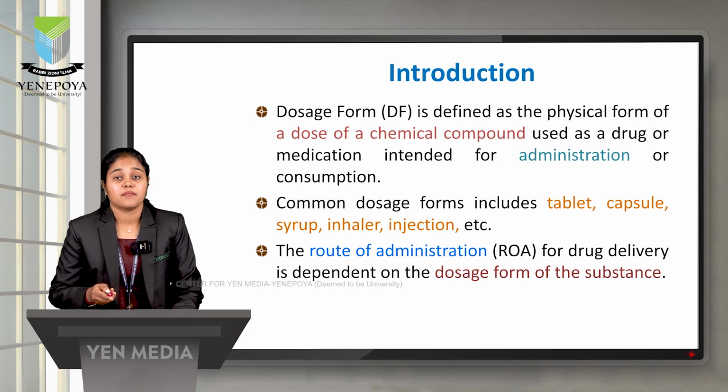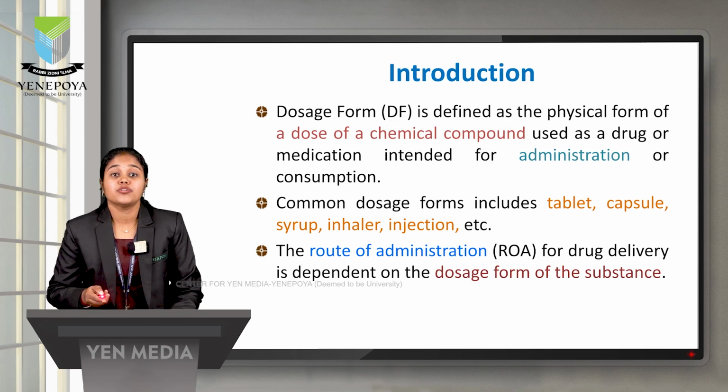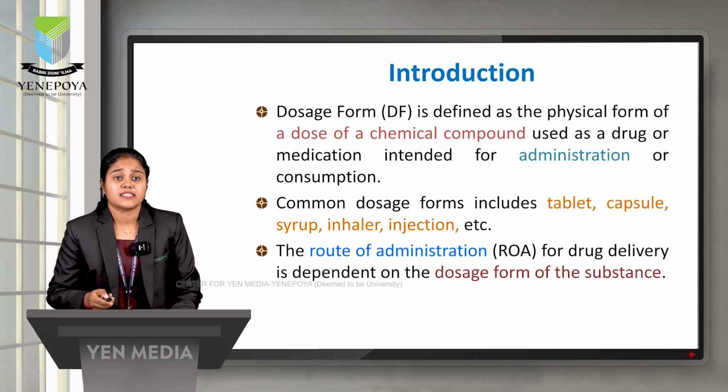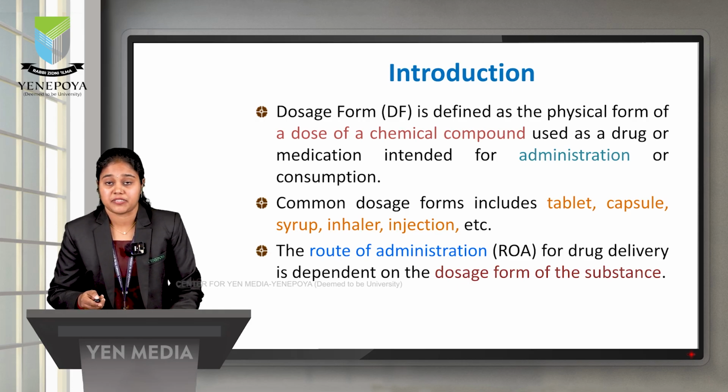Inhalers may contain some solution form inside, and injection is another example. These are the different examples of dosage forms. The route of administration is mainly for drug delivery and is independent of the dosage form of a substance.